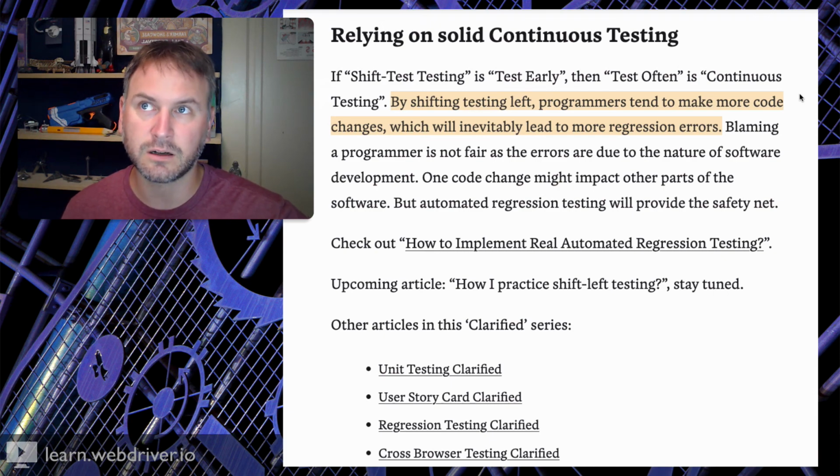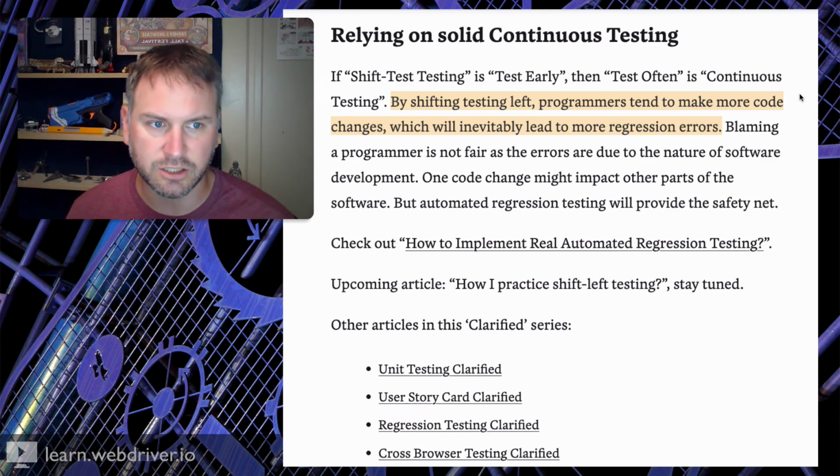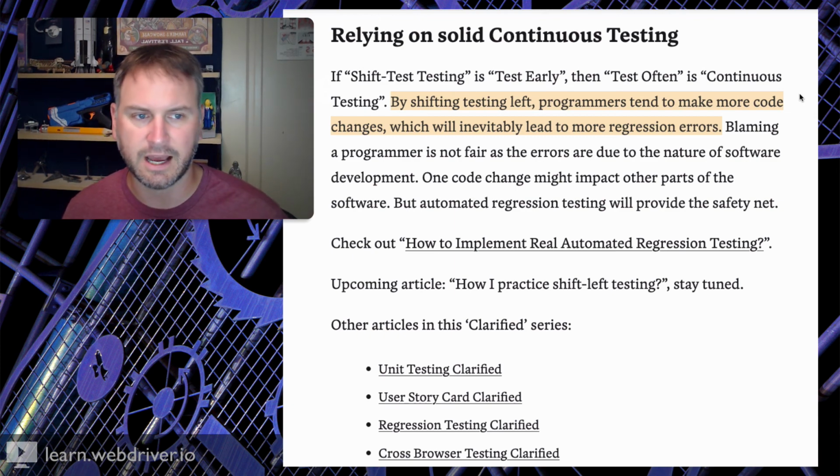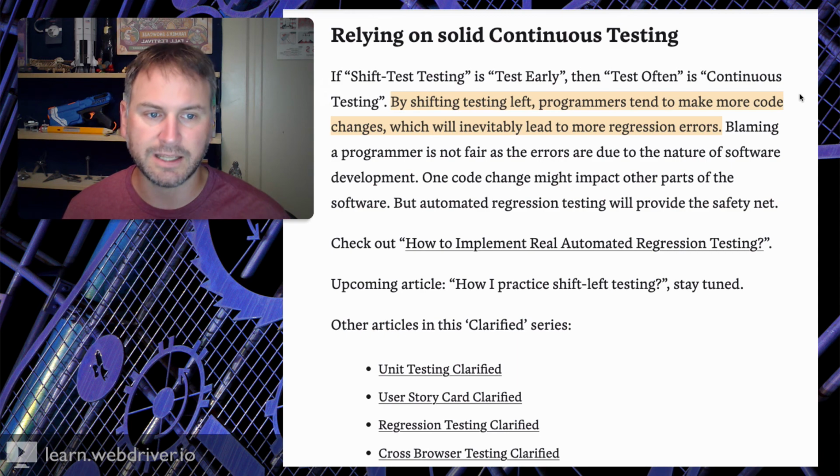I guess because they're more confident, and so they're more able to develop more rapidly. And the more code changes you make, the more regression errors you're going to have. That's fair. "Blaming a programmer is not fair, as the errors are due to the nature of software development. One code change might impact other parts of the software, but automated regression testing will provide the safety net."